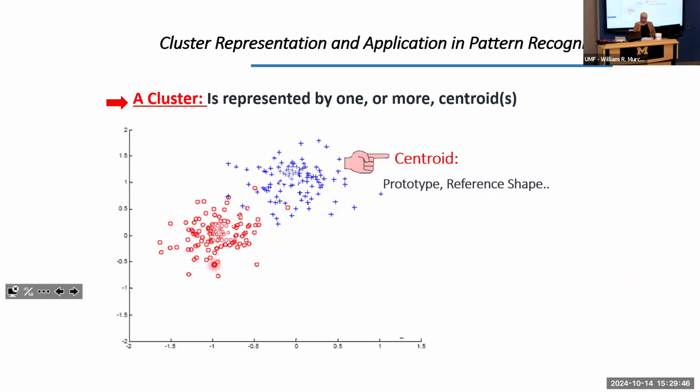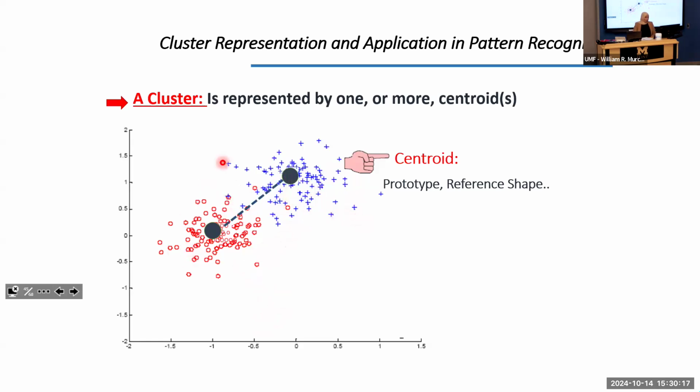So it's a red circle and a blue plus. This is going to be one centroid and this is another centroid. Is this clear? This is how, given data, you decide how many centroids you have: by how many reference shapes you take. In this case, I'm taking 2, so there are 2 centroids.